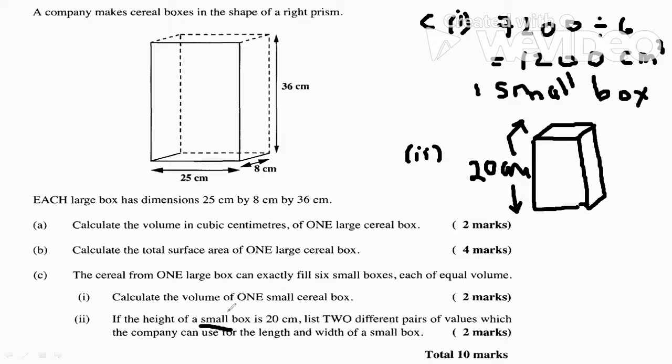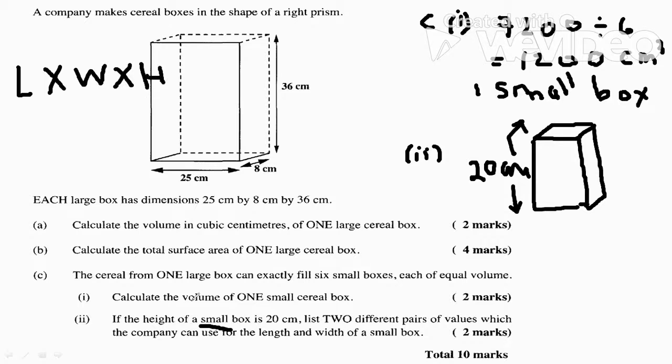Okay, what do we know about the small box? We know the volume of the small box is 1200, right? They say the height is 20. By the way, how do we find the volume of a cuboid? Length multiplied by width multiplied by height, not true?